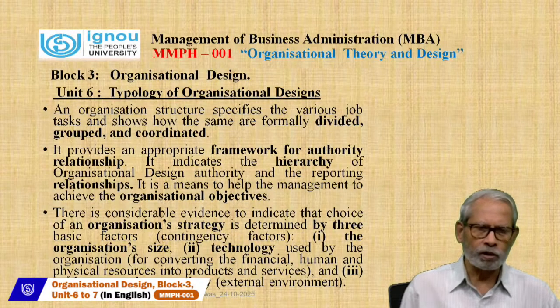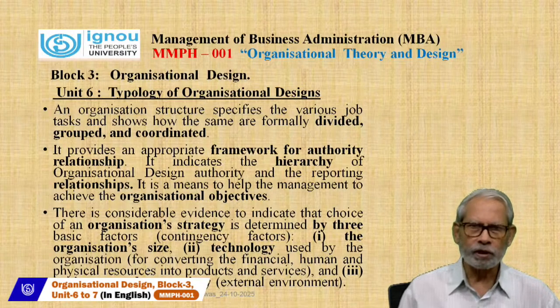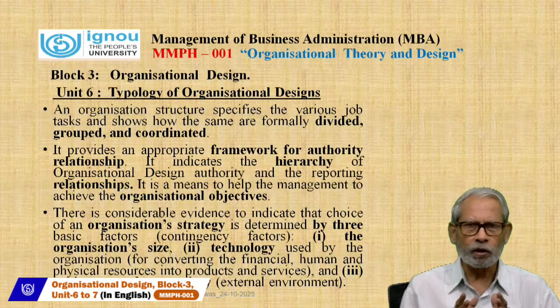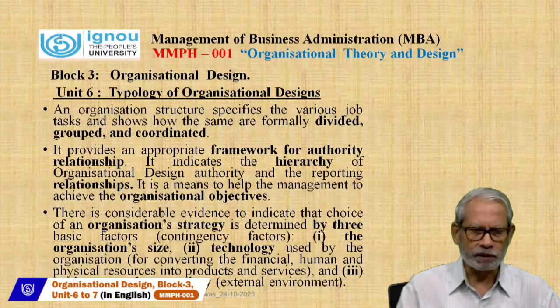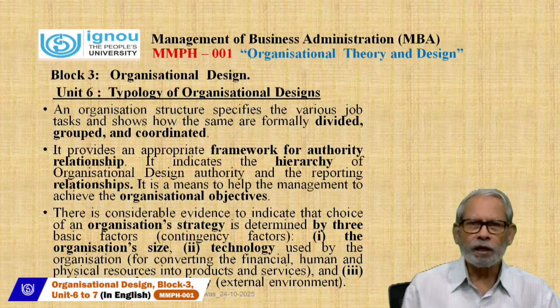as we know, the organizational structure specifies the various jobs. Based on the job, it is distributed and divided into groups, and ultimately all the groups should be coordinated. Yesterday also we have seen these things. Now, the framework for authority and relationships should be appropriate and relevant.